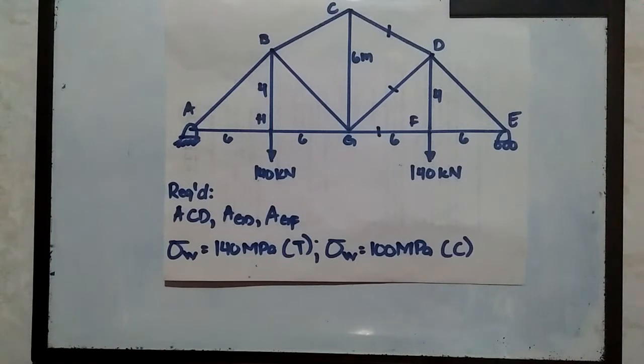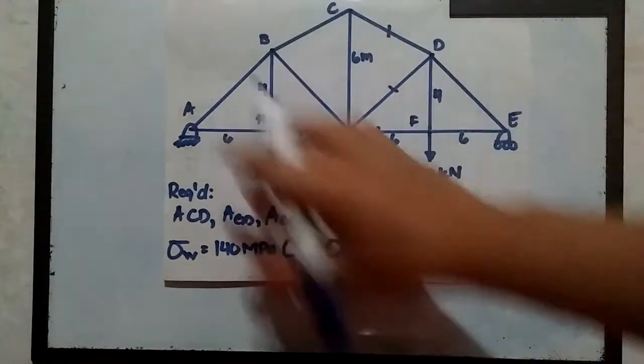And if you are thinking that we are going to use the method of sections, then you are correct. But first, if we are trying to solve a truss system, we must first solve the reactions of each support, because that is the component that is supporting the whole truss system.